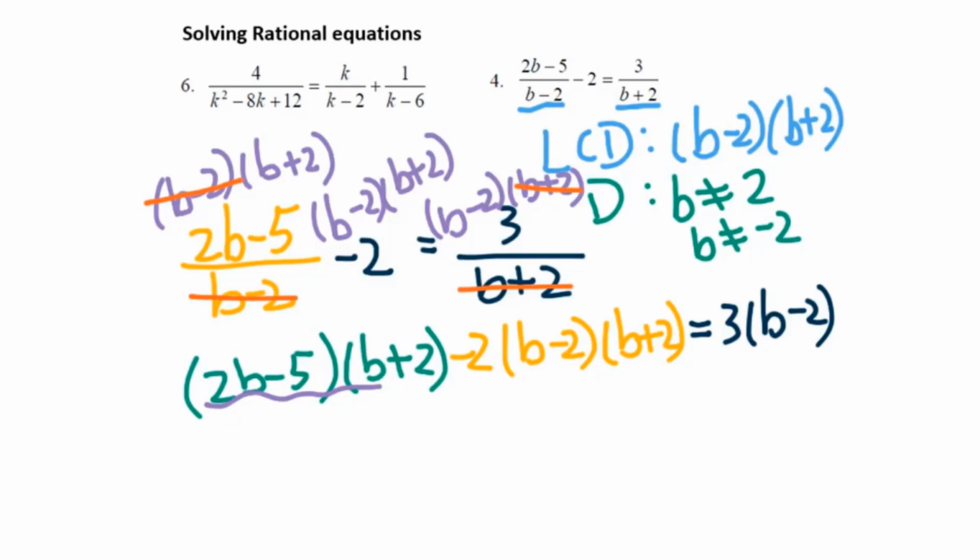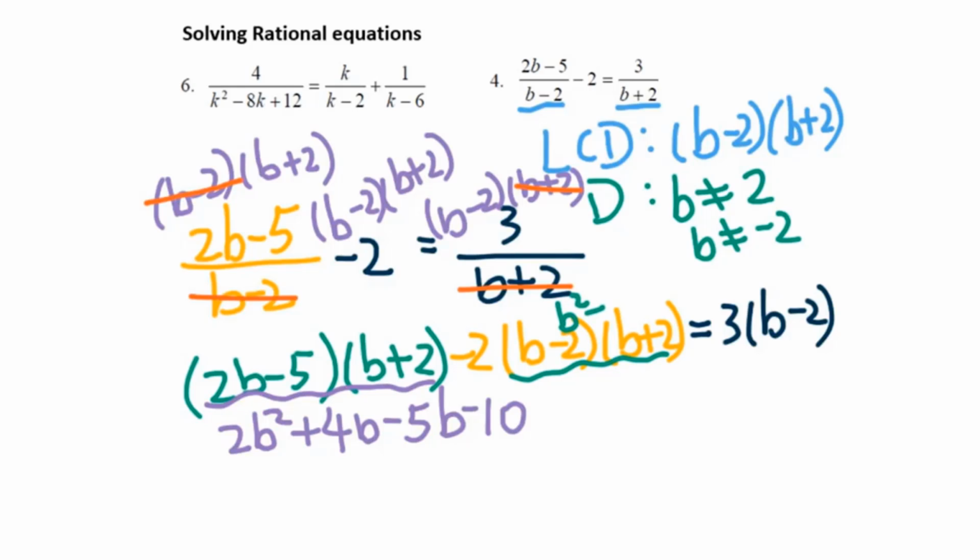For this one, I will get 2b squared plus 4b minus 5b minus 10. For this part, you have b squared minus 4 because that's a conjugate multiply.